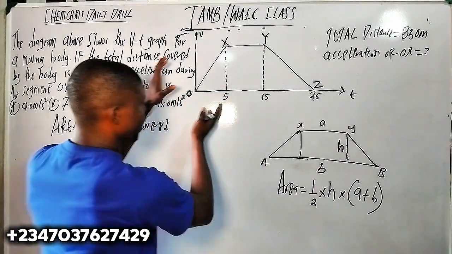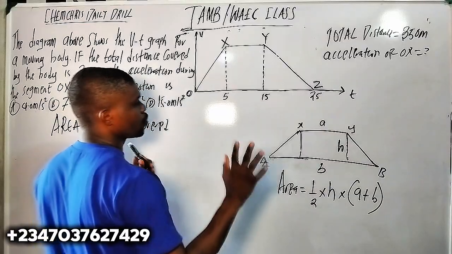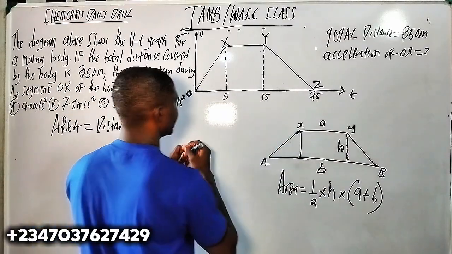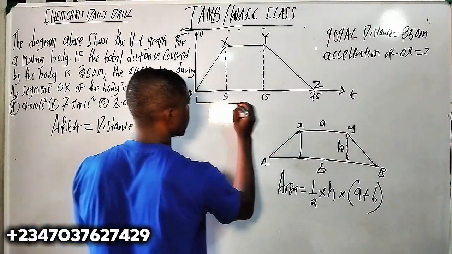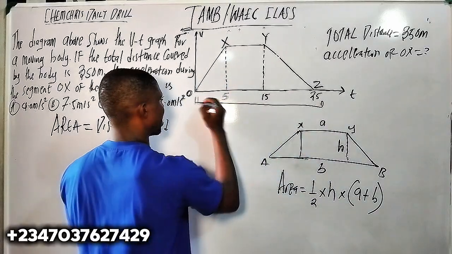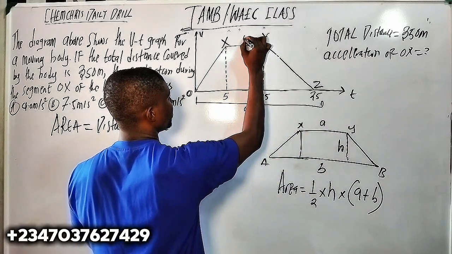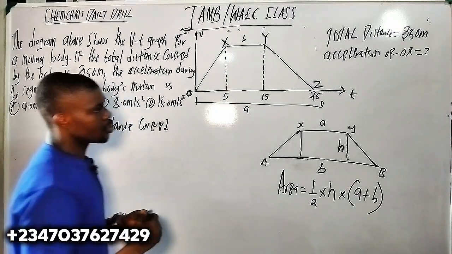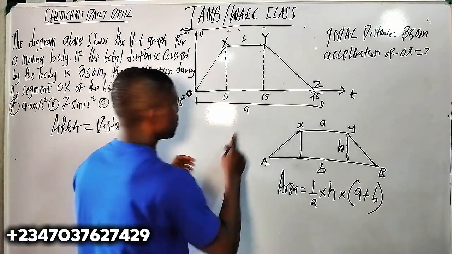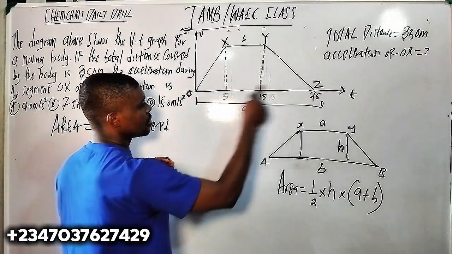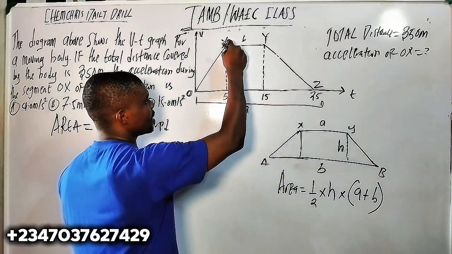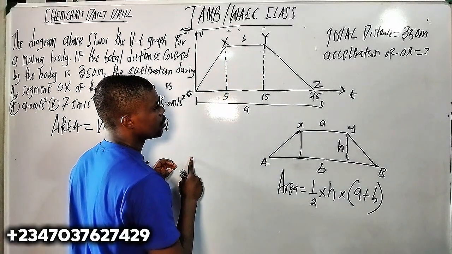If you relate it here, we have two sides. From here to here will be my A, while from here to here will be my B. So my A is OZ and my B is XY.